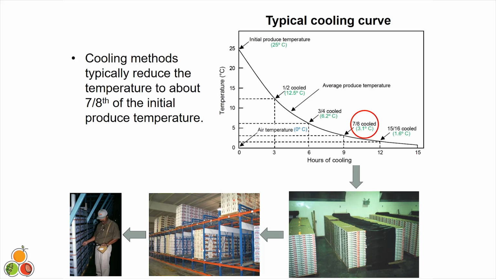So if we have an apple going into our cooler at around 25 degrees Celsius, half cooled is 12.5, half of that is 3/4 cooled, and half of that is 7/8. So the expectation is that we need to design the refrigeration unit to be able to achieve this type of curve when we're cooling. And that's why the majority of refrigeration units are designed using this 7/8 of initial produce temperature set point.